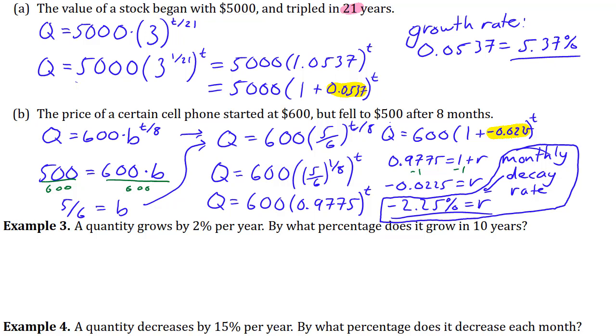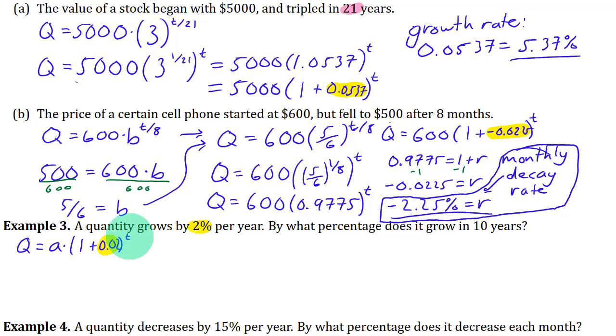So we know the formula is going to be something like a times 1 plus r to the power t, but the r is going to be the percent it goes up by, and this time it says that that is 2% per year. So this is going to be 0.02.